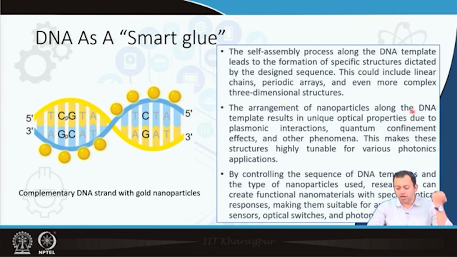The arrangement of nanoparticles along the DNA template results in unique optical properties due to plasmonic interaction, quantum confinement, whatnot. So, there will be a combined effect between them. They will have individual plasmonic resonances. Plasmonic resonances is because of the localized electrons.